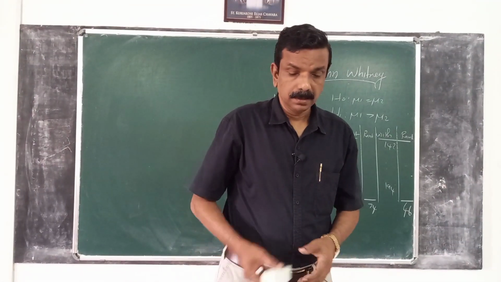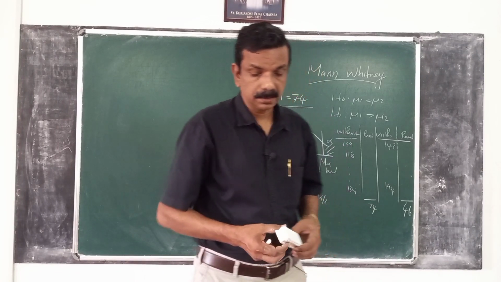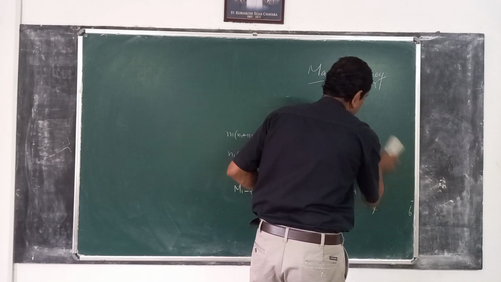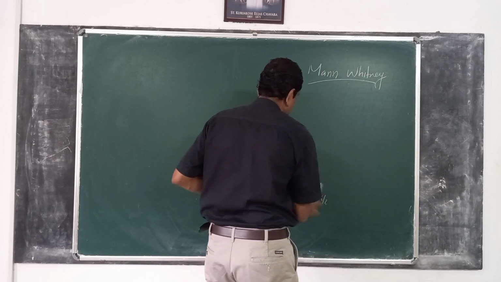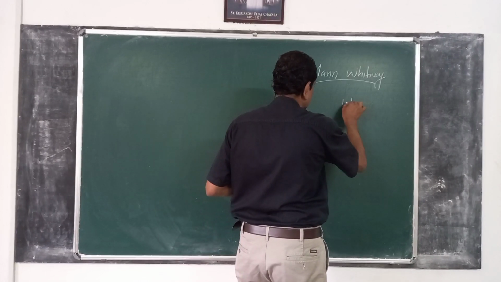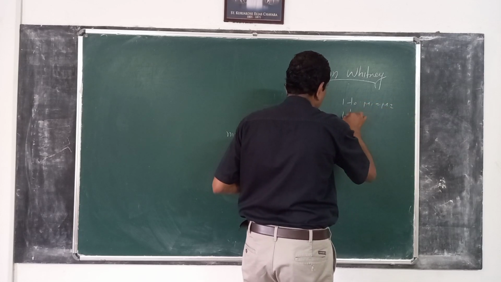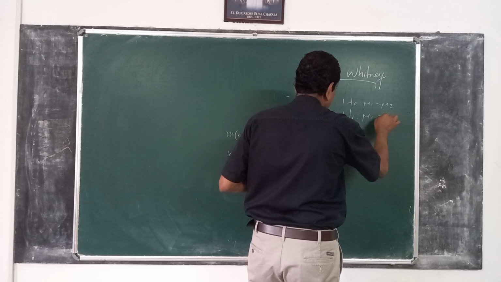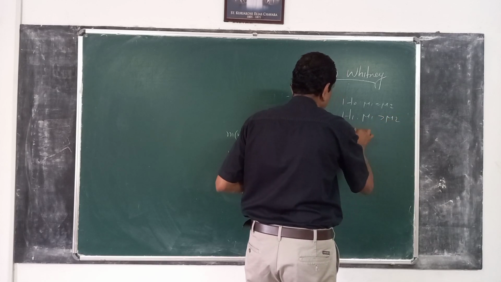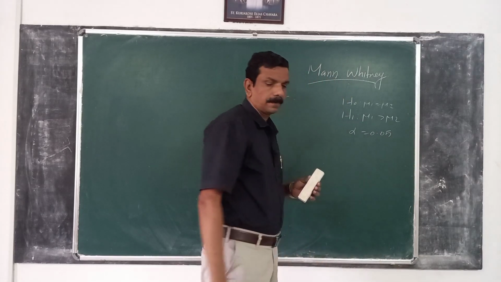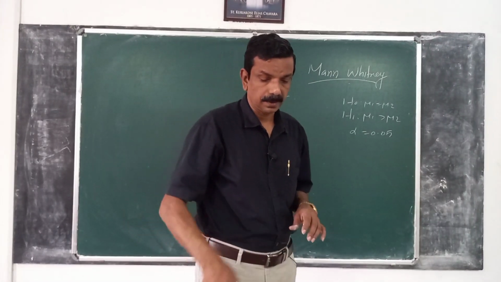Now, in the example we have considered, our null hypothesis is H0: mu1 is equal to mu2, H1: mu1 is greater than mu2. We fix alpha at 0.05, the 5% significance level.